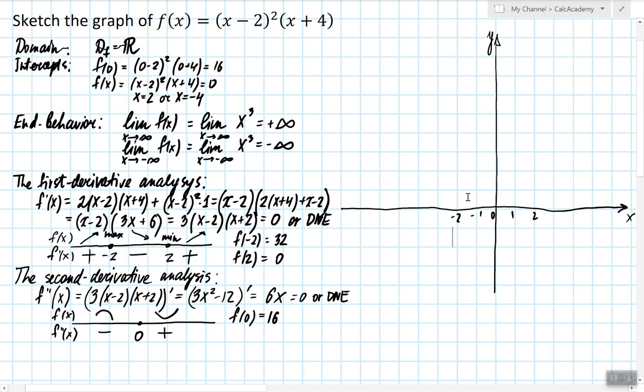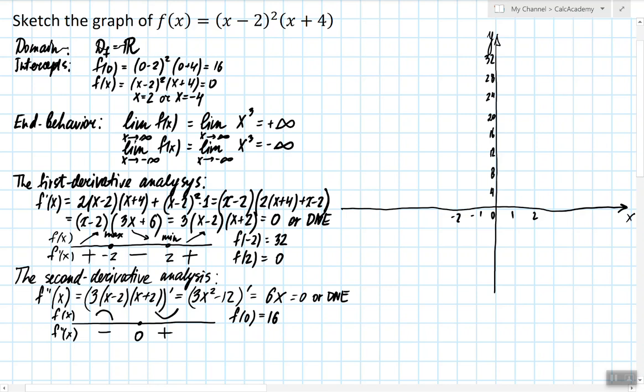On the y-axis, since we have some large values here, I'm going to use 1 square for 4 units. Then we can label all the points that we found.